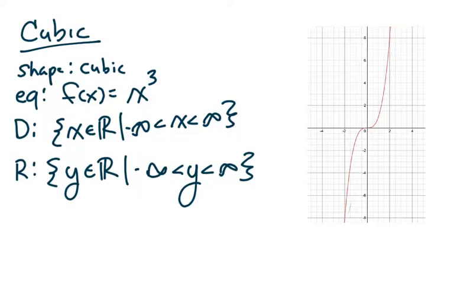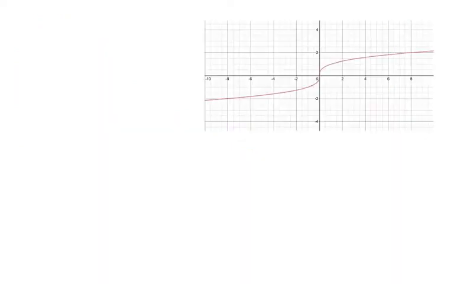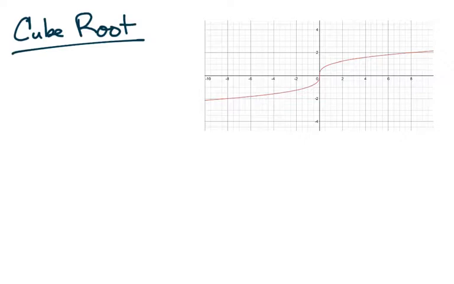Let's move on to its inverse, the cube root function. So this is a cube root. Okay. Cube root function. Its shape, I guess, is a cubic. Okay, it's just on its side. All these inverses are just going to be on their side, actually reflected over the line y is equal to x. All right.